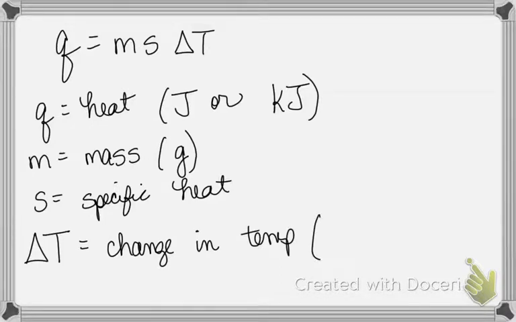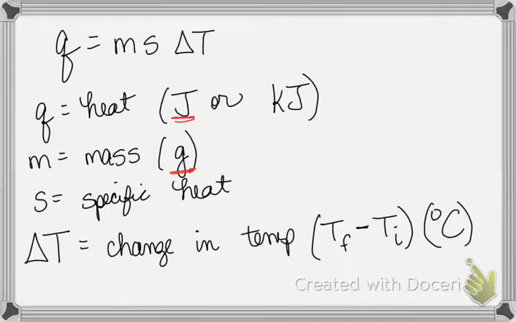But remember, the order you subtract them is important. How do you measure a change in something? It's the final temperature minus the initial temperature. And most often when using this equation, that's going to be degrees Celsius for the units. So these are the units you would most often use when doing calorimetry.